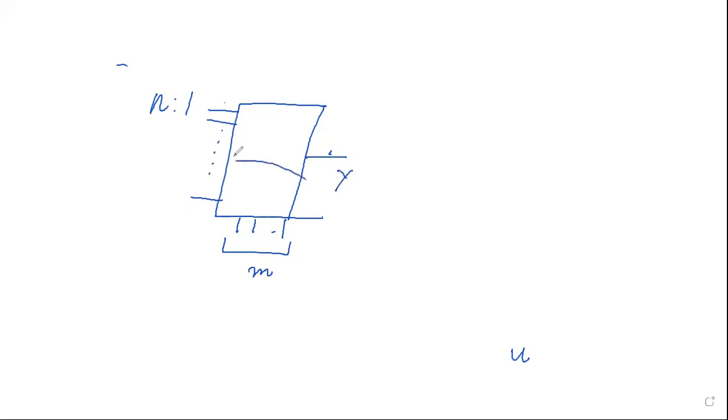So this forms an n:1 multiplexer. We can write MUX as the short form of this, and the relationship between the number of inputs and the select lines is this. Now what is the combinational logic behind this?